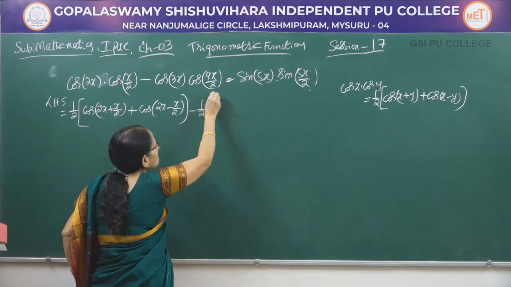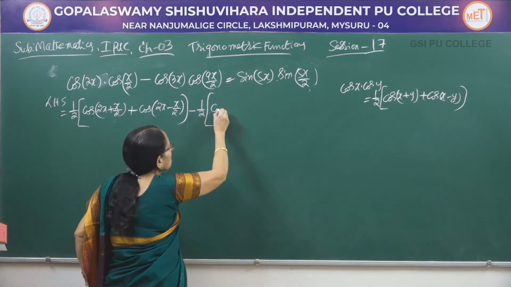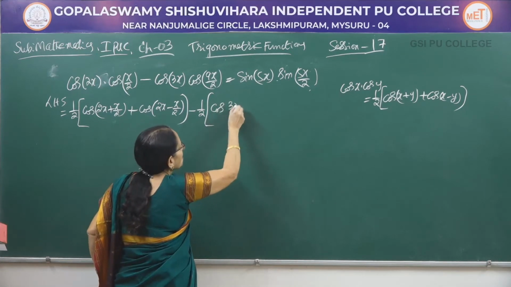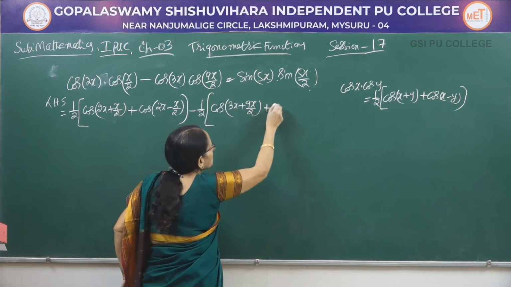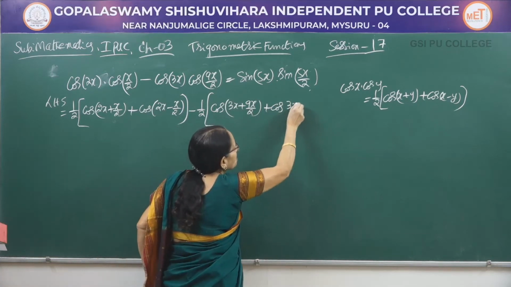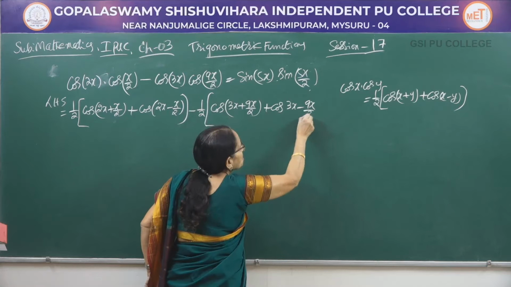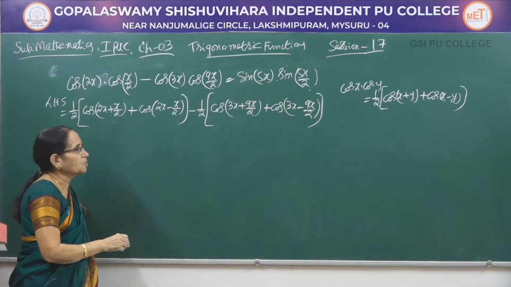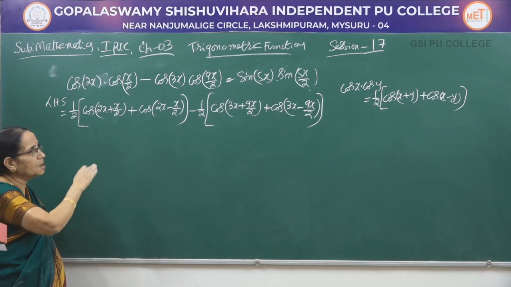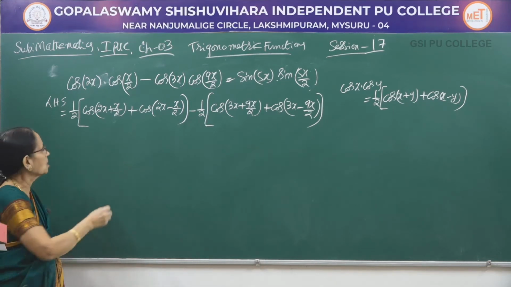Minus again the same formula I am using, cos of x plus y, 3x plus 9x by 2 plus cos of 3x minus 9x by 2. Okay. So, first I am writing this one. I am making use of that formula. You can quote that in the working column.